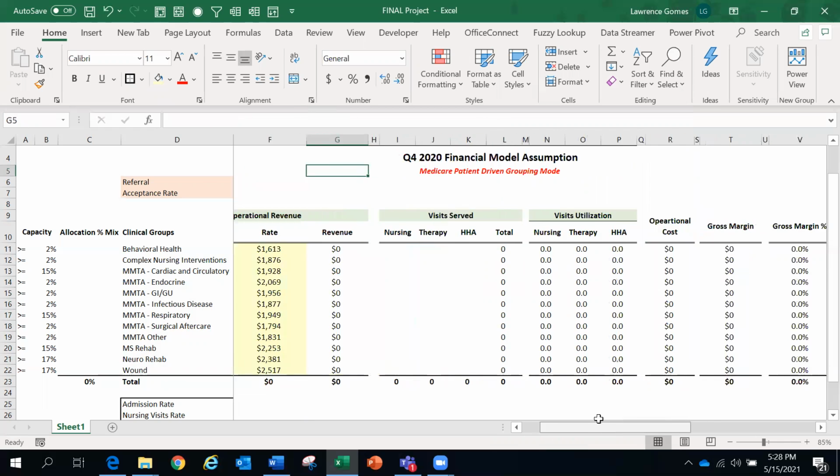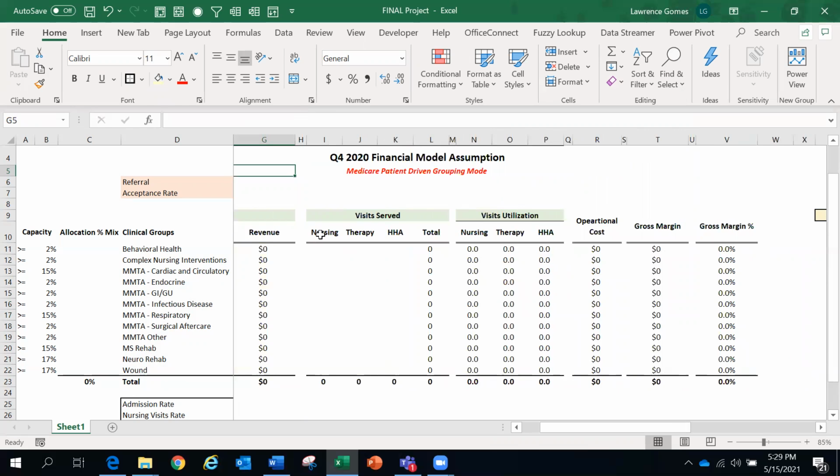As this is a healthcare agency, nurses, therapy, and the home health aid clinicians provide services to those admitted patients. So the service has been provided by the number of visits that a nurse makes, therapy makes, or an HHA clinician makes.